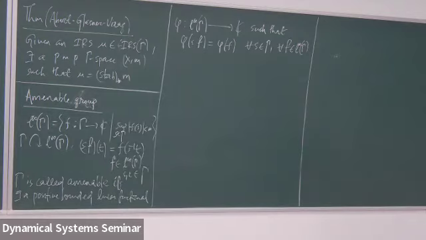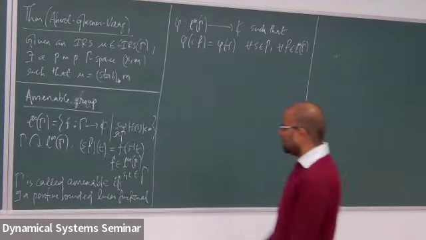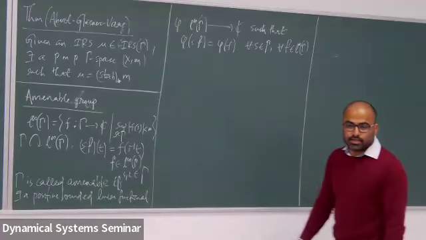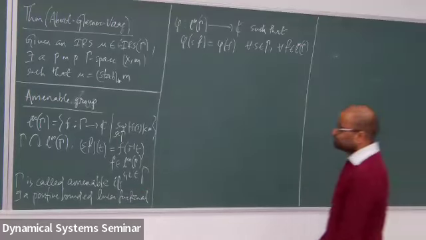This phi is sometimes called a mean. So there is a gamma-invariant mean on L infinity gamma.